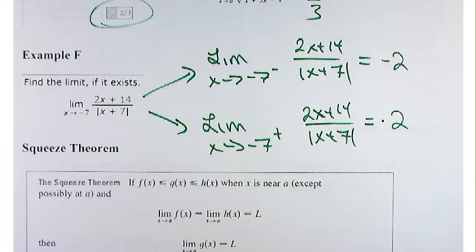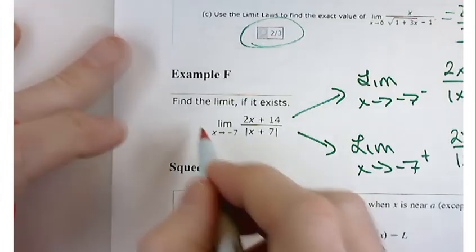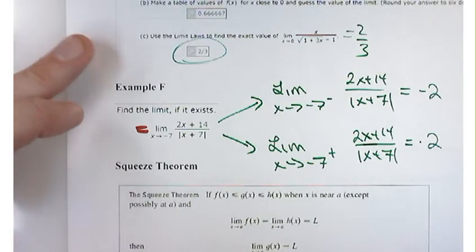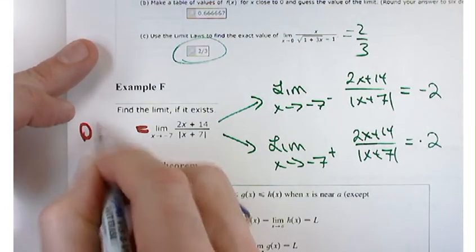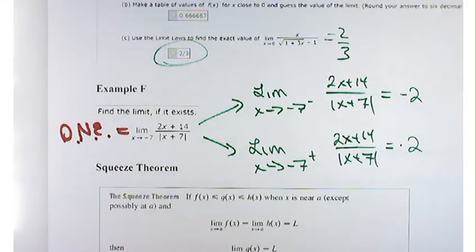They're not equal, so overall, what should I write here? Yeah, thank you. Does not exist. The limit from the left and the limit from the right have to be equal in order for that limit to exist. And that's not the case in this one. So you're stuck.